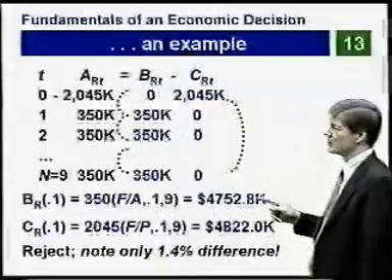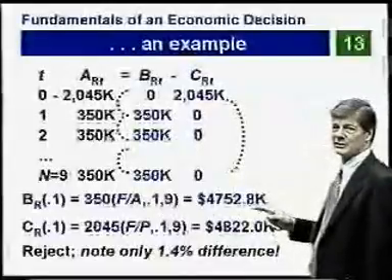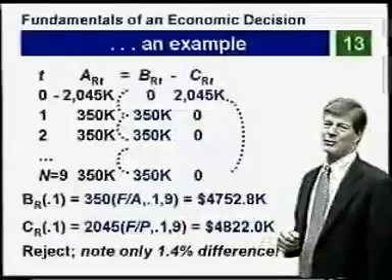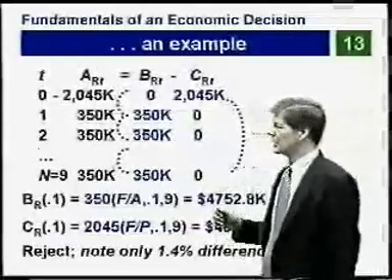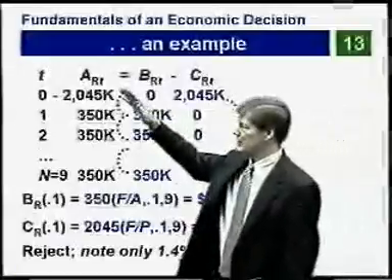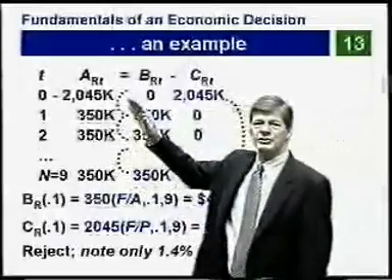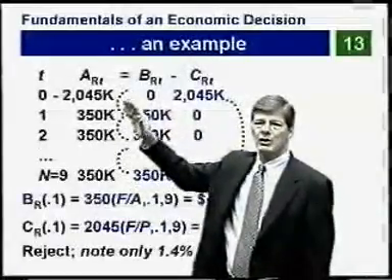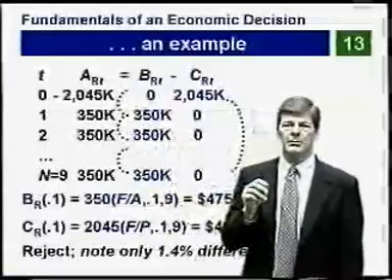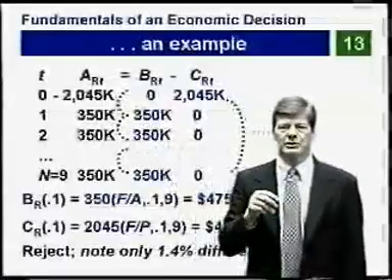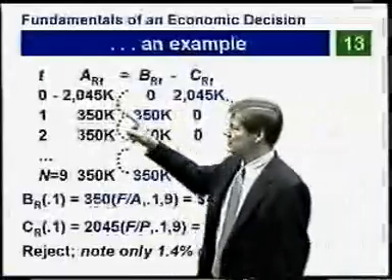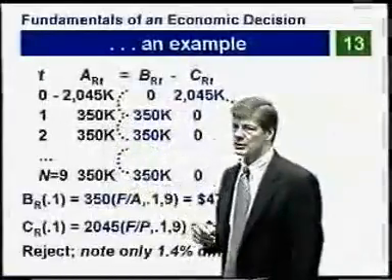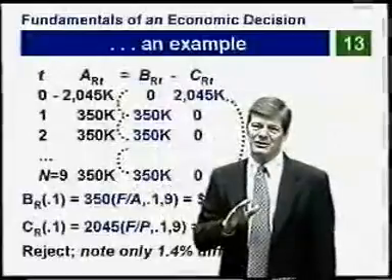Now, notice that the difference between these two numbers is only about 1.4%. They're very, very close. What that means is, bear in mind that these are estimates. Now, our estimates of what it will cost to purchase and install those robots is probably pretty accurate. We're talking about estimates that occur today. Trying to estimate those net savings, though, over the next 9 years probably is a lot more difficult.